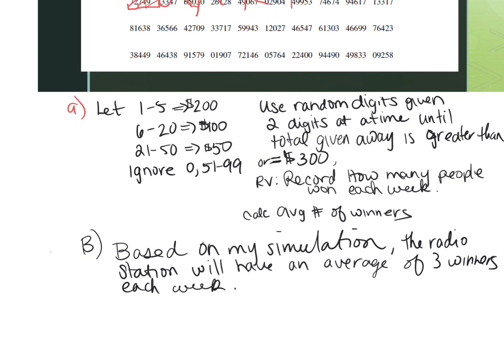We don't necessarily need you to show us 3 plus 3 plus 3 divided by 3 equals 3, no. So it's important to make sure your answer is in context, right? What are we talking about? The radio station giving away money to winners, okay?